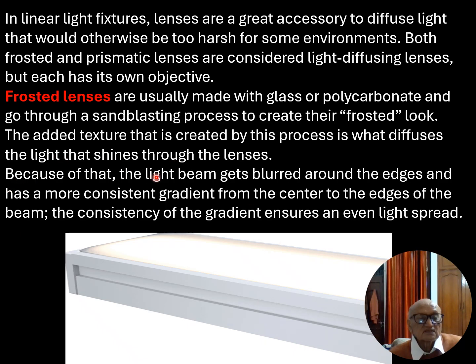Because of that, the light beam gets blurred around the edges and has a more consistent gradient from the center to the edge of the beam. The consistency of gradient ensures an even light spread.